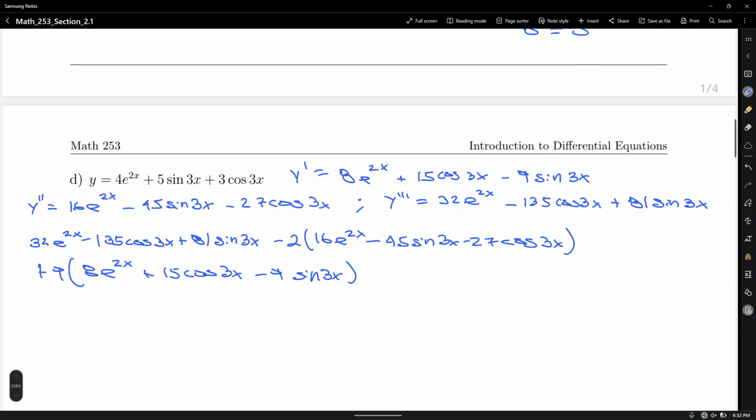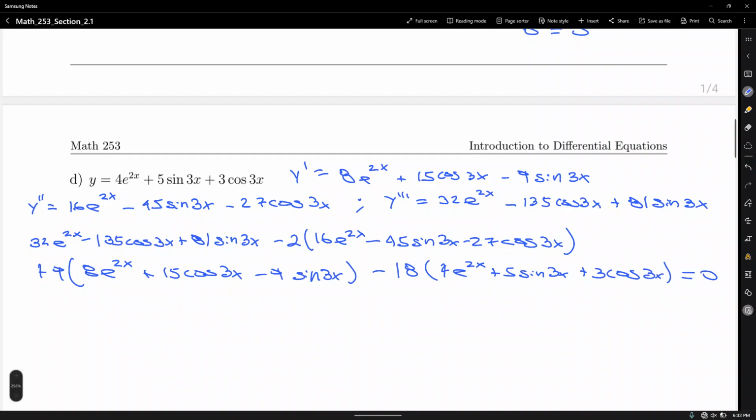And finally, minus 18 times the original function, the proposed solution actually, y equals 4 e to the 2x plus 5 sine 3x plus 3 cosine 3x. Hopefully all this madness, all this beast adds up to 0 on the left hand side.